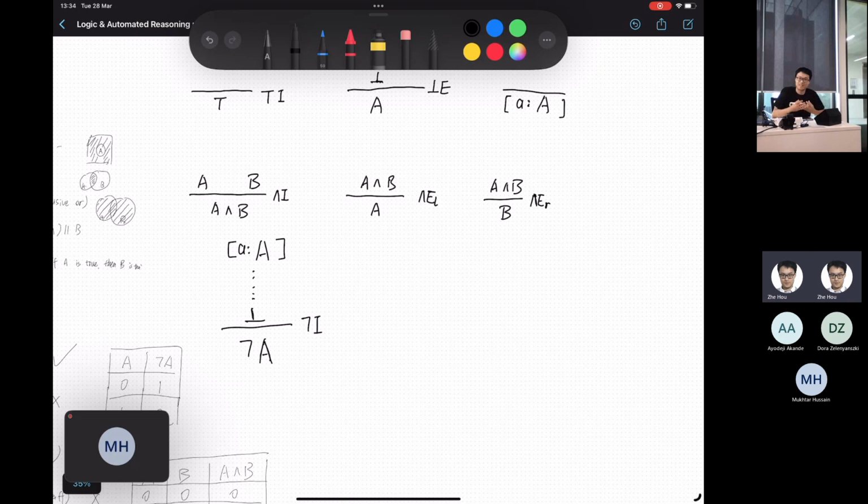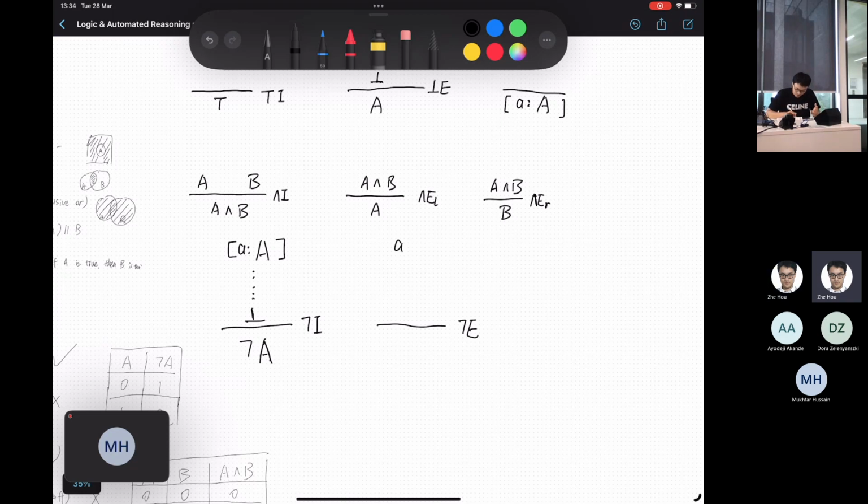Okay, it is actually the same technique as so-called proof by contradiction. And proof by contradiction also goes the other way. So dually we would have negation elimination. The way we do negation elimination is quite similar.